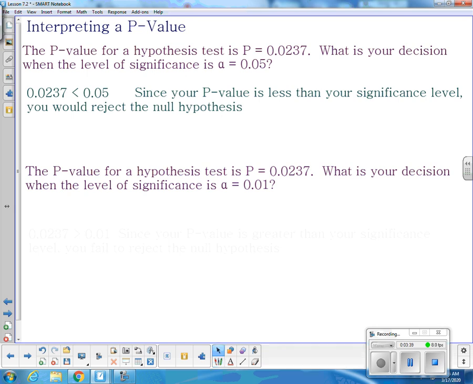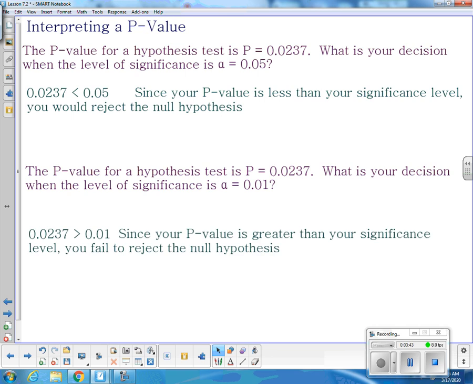So now that p-value is bigger than our significance level, so you would fail to reject the null hypothesis. If the p-value is less than or equal to the significance level, then you reject the null. If it's not, then you fail to reject the null.